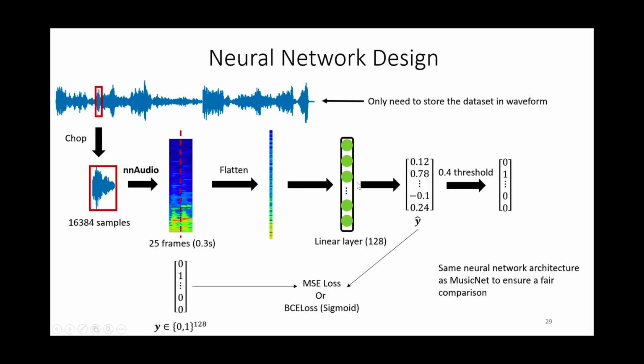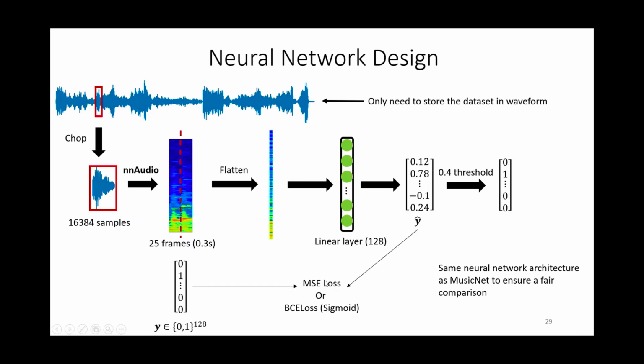And then, for example, we use a very simple linear layer to classify what pitch is being played in this frame. Then we can just use one layer like this. And then we get the output and we apply threshold, and we can see what note is being activated.